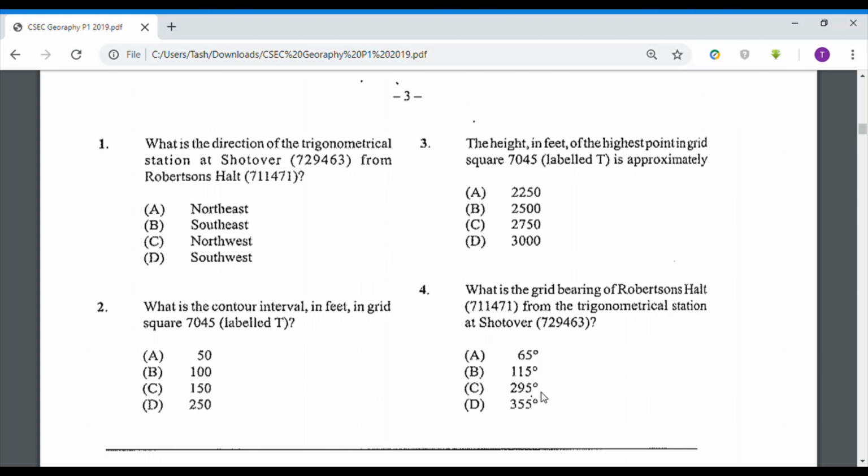Therefore, our answer would easily be 295. Of course, when you are doing this, you would place your protractor on the map and you would actually just work it out. But in the interest of time, you can sometimes look at the answers and figure out which one really does not fit.